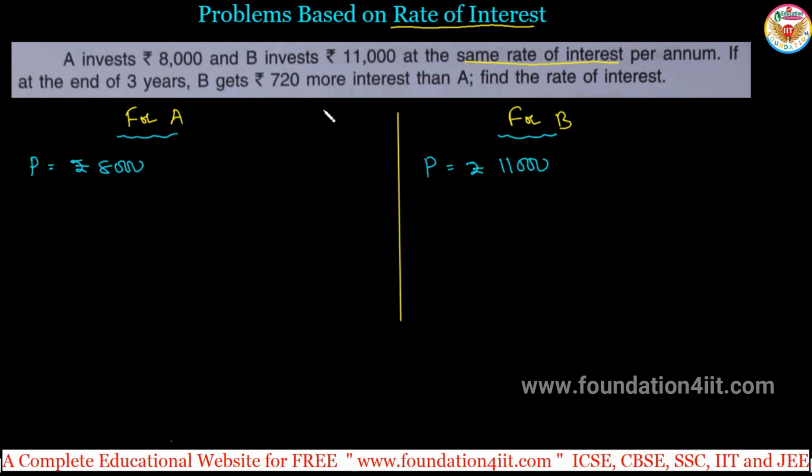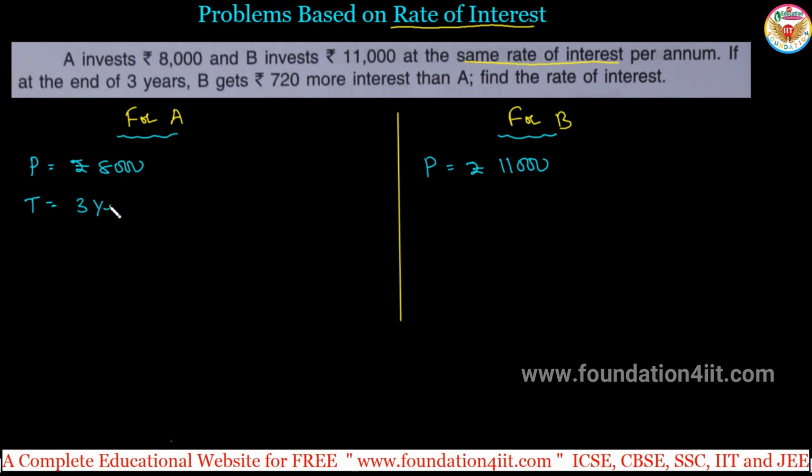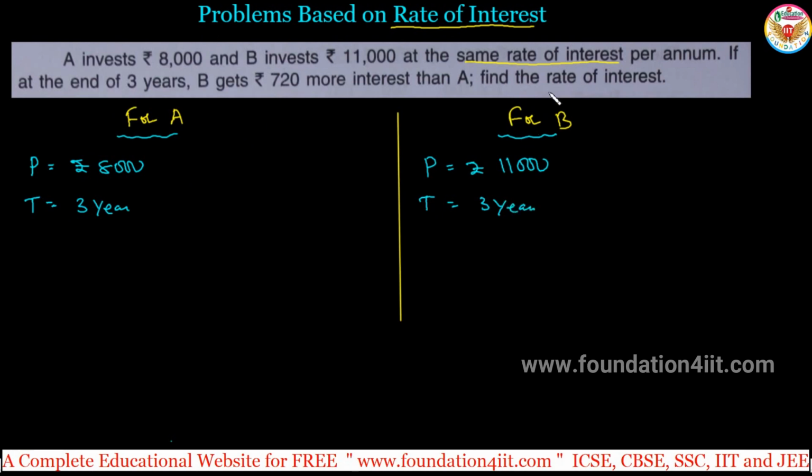And same rate of interest for both. Then at the end of the 3 years, the time period is 3 years here. For B it is also the same time, so 3 years. Right. Now let us apply these values.